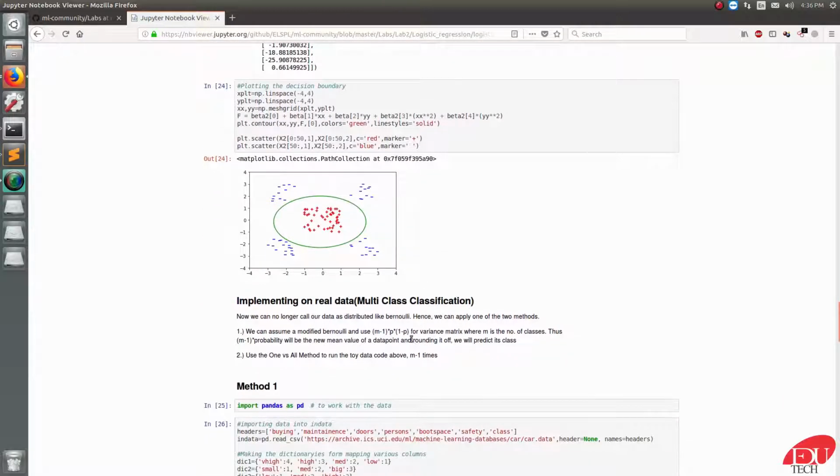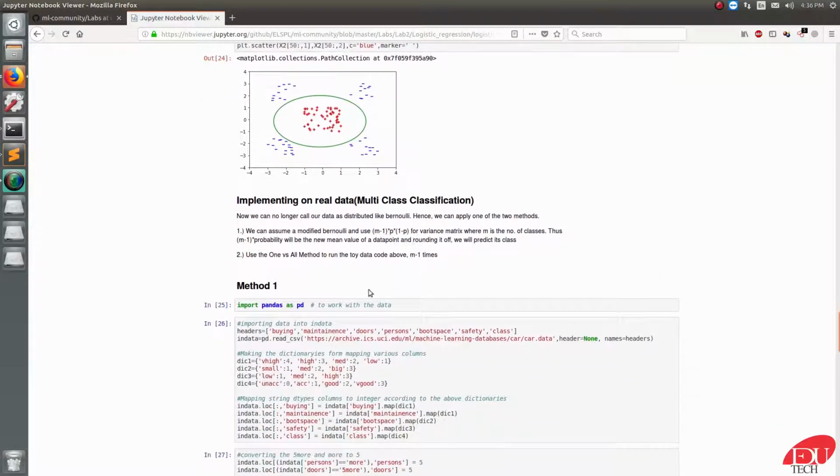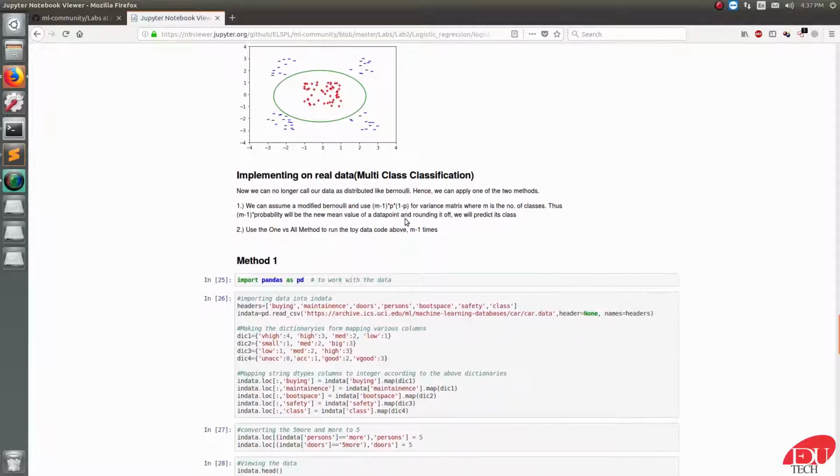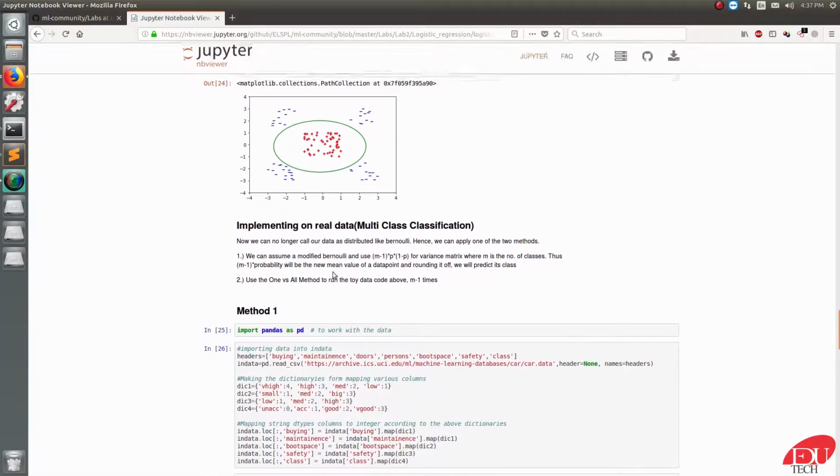And when we implement this on real data, many times we get data which are multi-class. That means you can have a result of 0, 1, 2, 3, and so on, instead of binary data. So there are two methods for that.